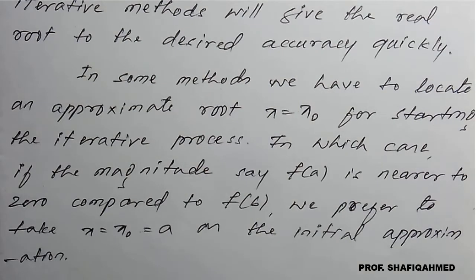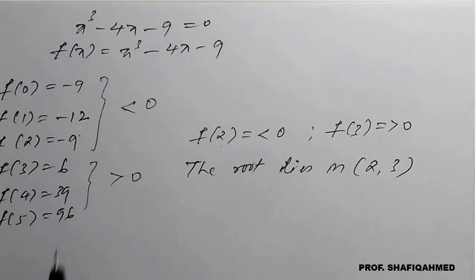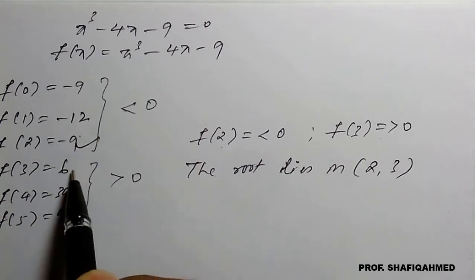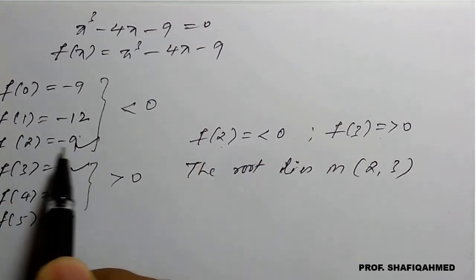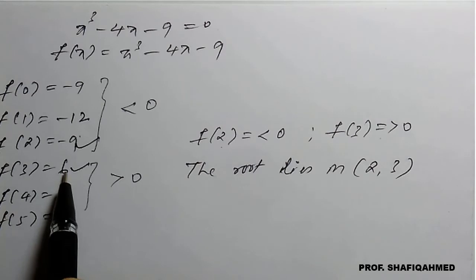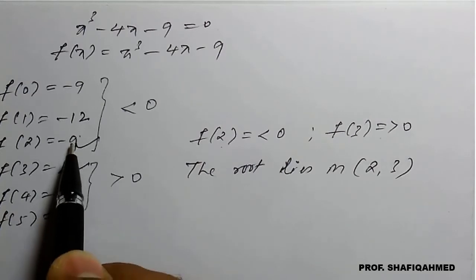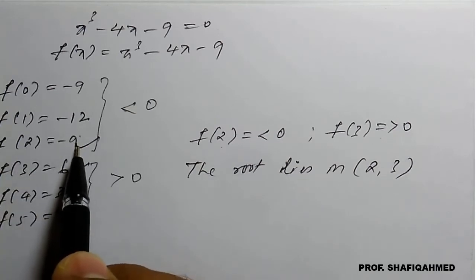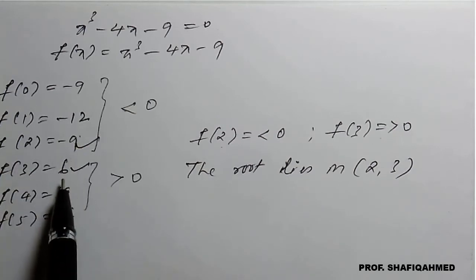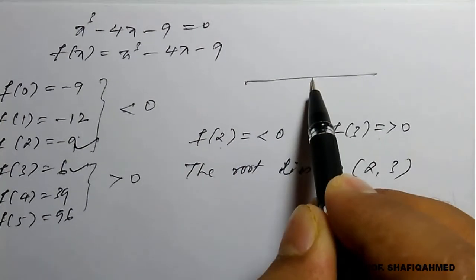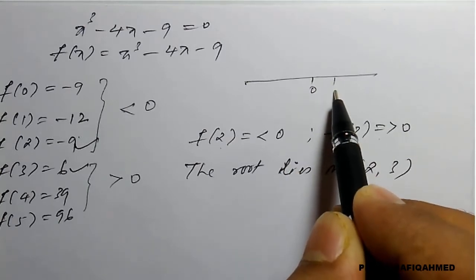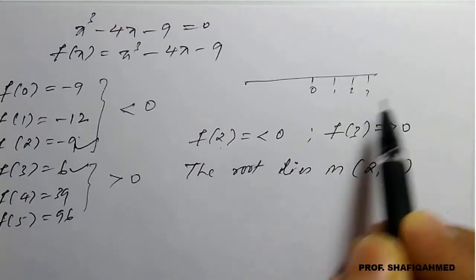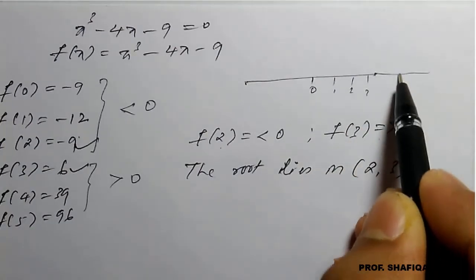Okay, let's see the example that we have solved. See here, we have taken these two values. So f of 2 is equal to minus 9 and f of 3 is equal to 6. Among these two, ignore the negative sign; f of 2 has value 9 and the other is 6. Is 9 nearer to 0 or 6 nearer to 0, if you consider the number line: 0, 1, 2, 3, and so on up to 9?